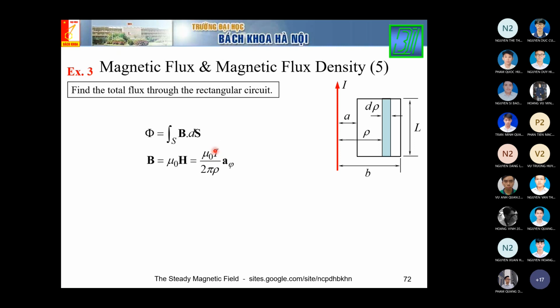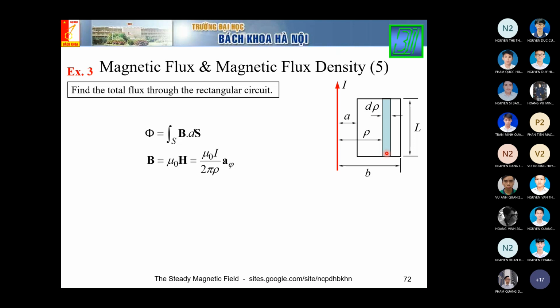This is the MF5 created by a straight line carrying a DC current I. To find ds here, we can divide the frame here into many very narrow rectangles, as you can see here. The length of this rectangle is L. The width of this rectangle is d rho, and d rho, you know, is very, very small, so we can think that this one is a very narrow rectangle.